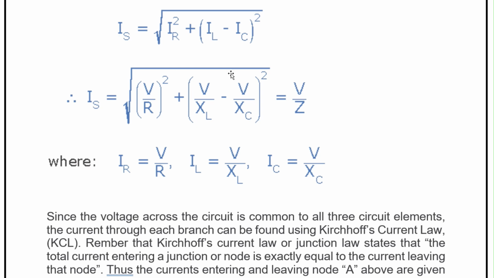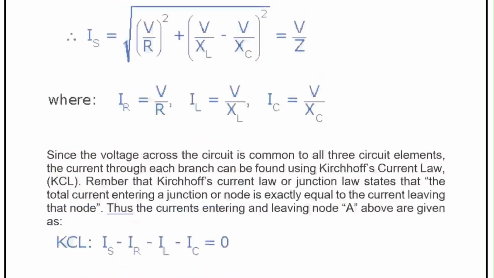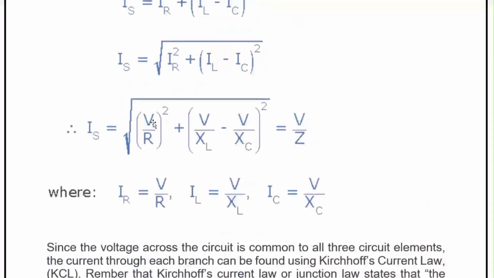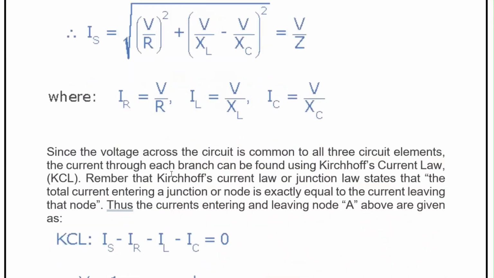If you calculate this, you will get V upon Z. But how? IR is equal to V upon R, IL is V upon XL, IC is V upon XC. If you take V square common and take it out, the rest of the thing will aggregate to Z. So that is why it has been written directly V upon Z. Right?